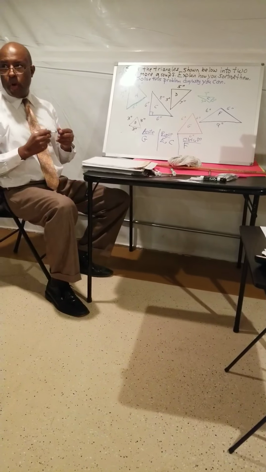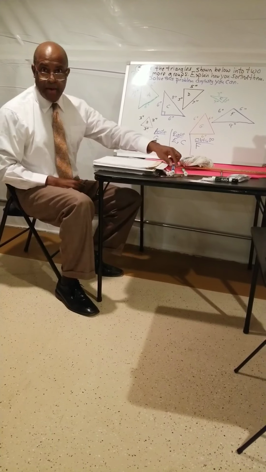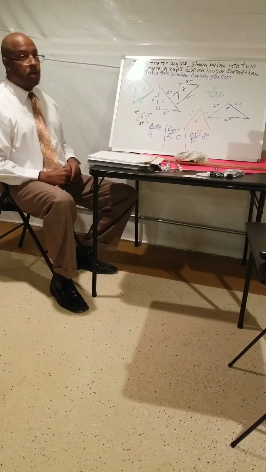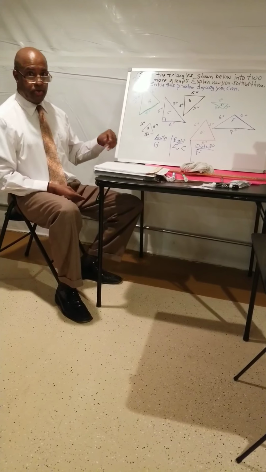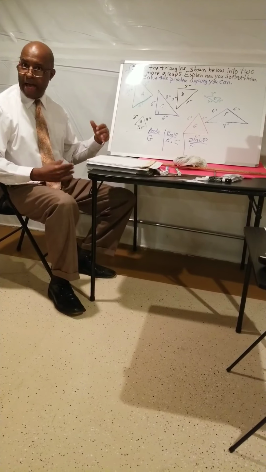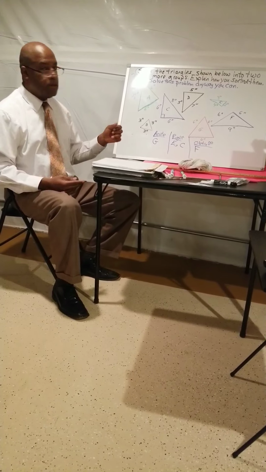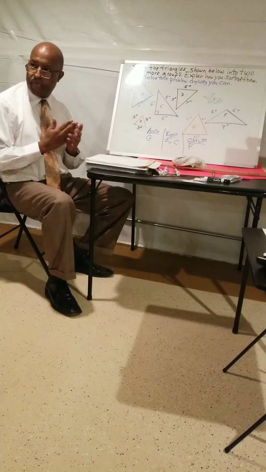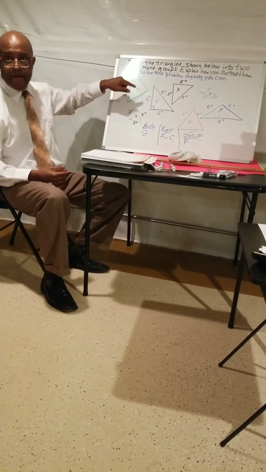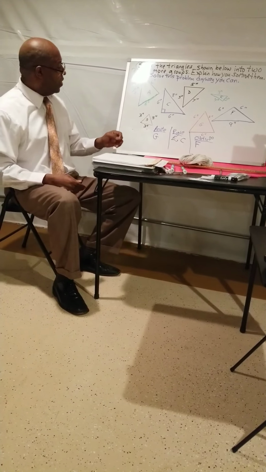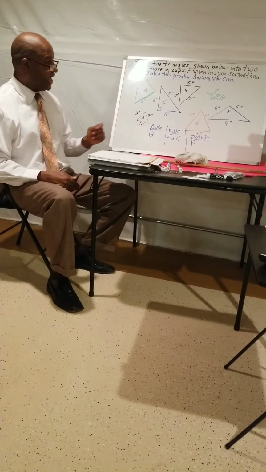So we did not do all 7, but that's just an example, dear boys and girls, of how you could categorize these triangles here. You can categorize them by lines. They all have 3 lines that are exact, only have 2 lines that are the same, or have 3 lines the same.